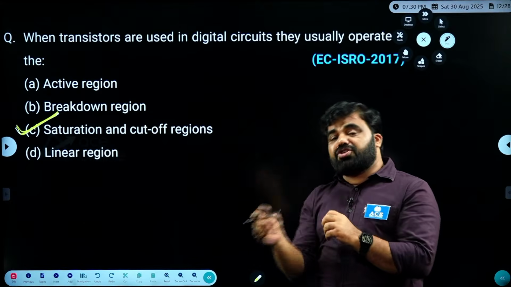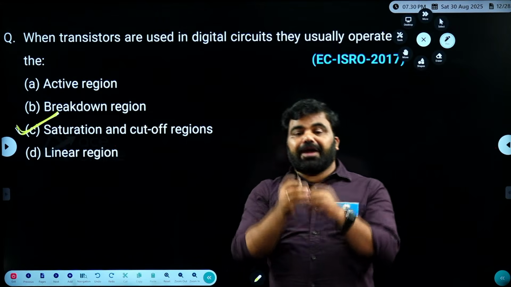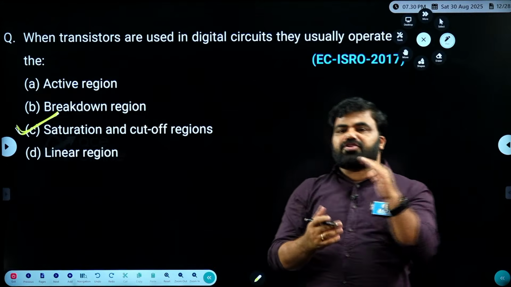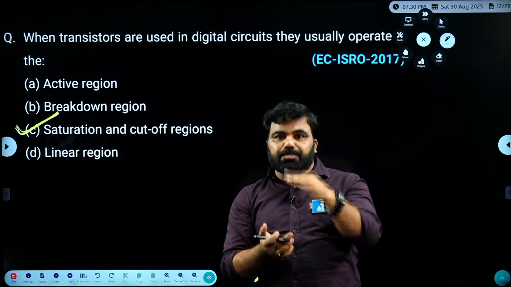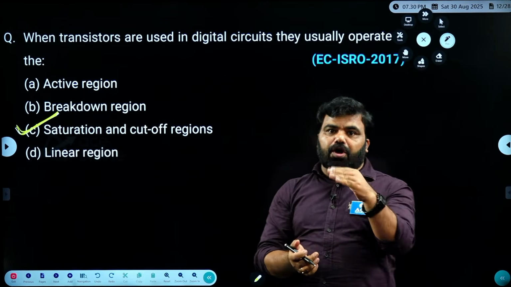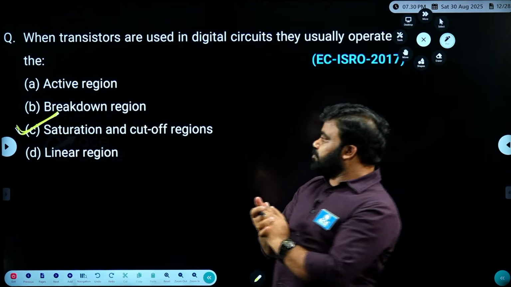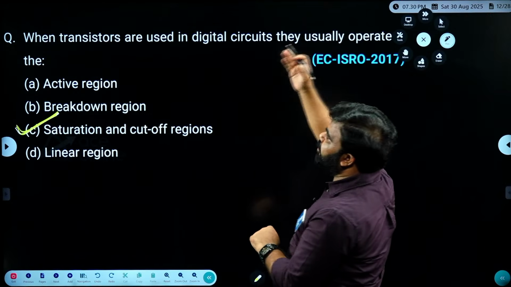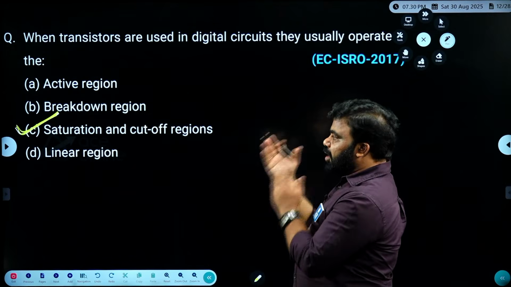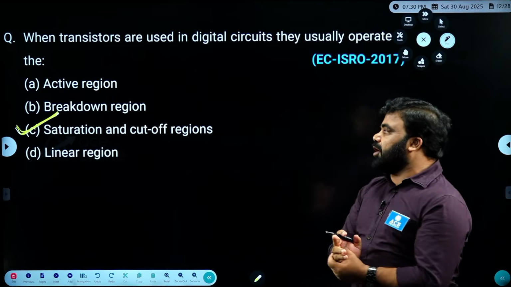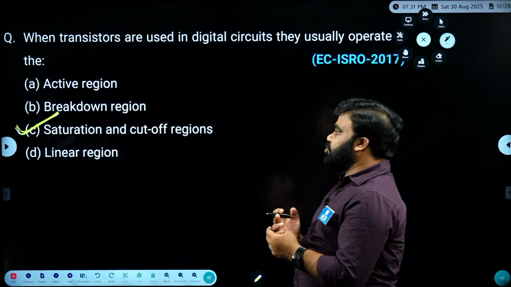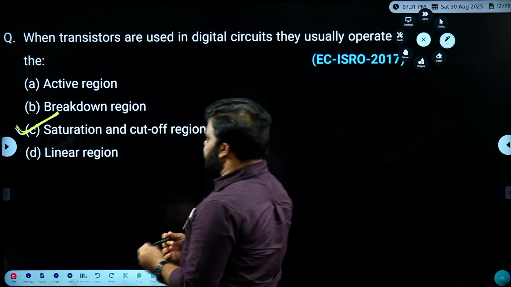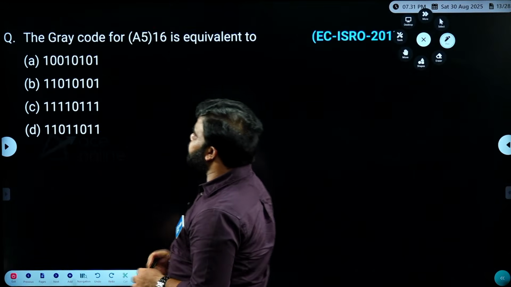When it is transitioning, it is possible to see the transistor in saturation region. But from the given, assuming that it is bipolar junction transistors, the answer we are choosing is C, because it will be in saturation or cutoff region. Now let us see next question.